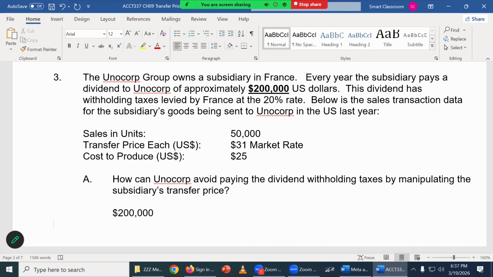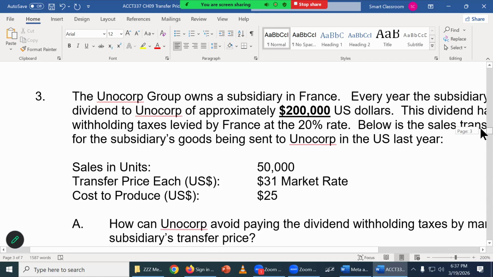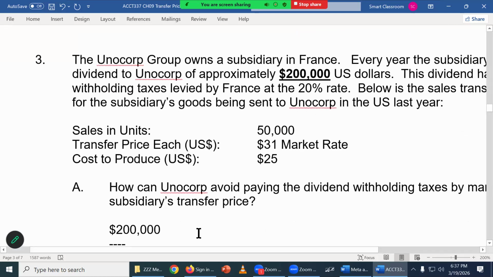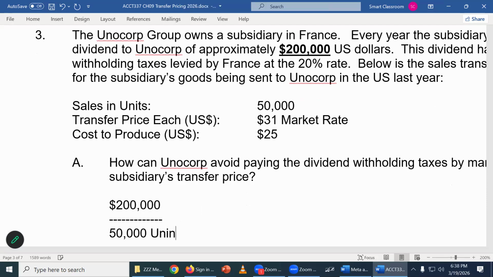We have $200,000 over 50,000 units, so $200,000 divided by 50,000 units means we're going to have to pull out $4.